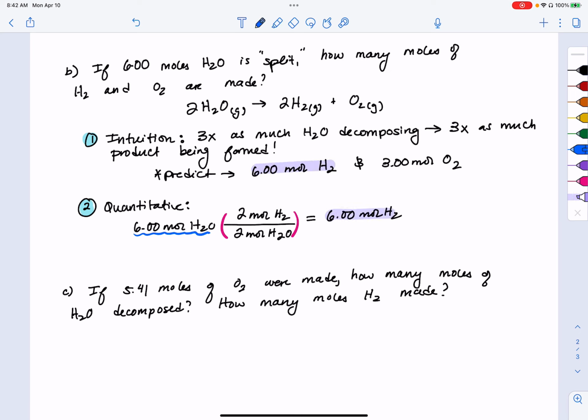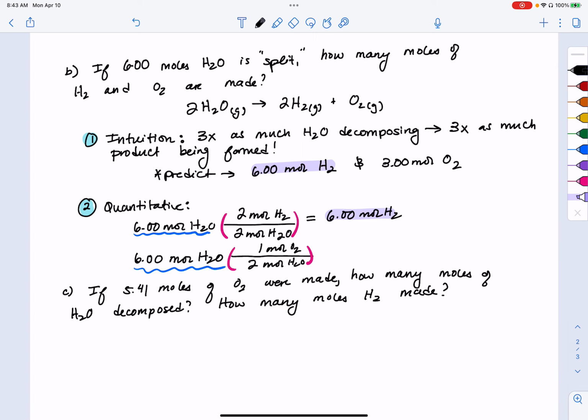Now, what if we were to do the same with 6.00 moles of water decomposing and figure out the oxygen that is being formed? So I have to look to my recipe, which again says that for every 2 moles of water decomposed, I will make only 1 mole of oxygen.